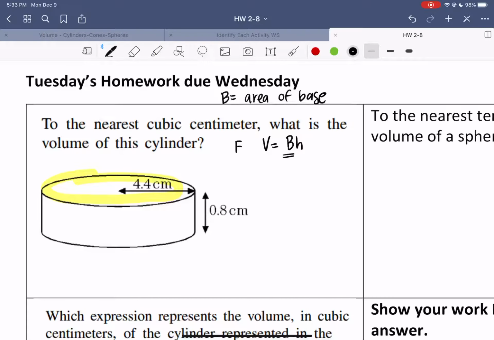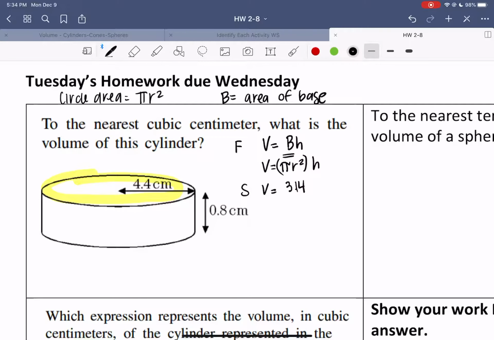So when we substitute in, we're going to have pi r squared, because the area formula of a circle equals pi r squared. We're going to multiply that by our height. When we substitute, I'm going to use 3.14 for pi.